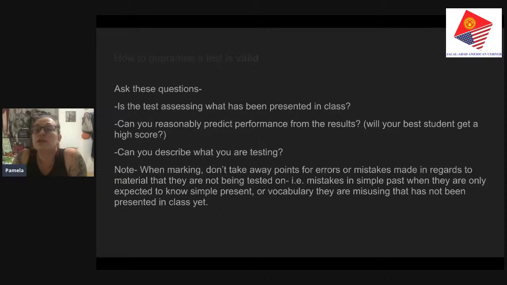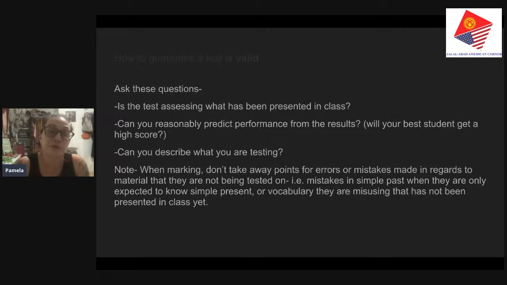Can you reasonably predict performance from the results? So for example, the best students, will they get the highest score? If the students that are highest performing in class, getting 5s all the time, getting everything right in their homework assignments, can't pass the test, then it's probably not a great test, because that's an indication that it's not really testing what has been presented in class.